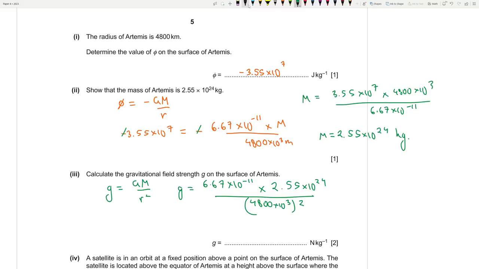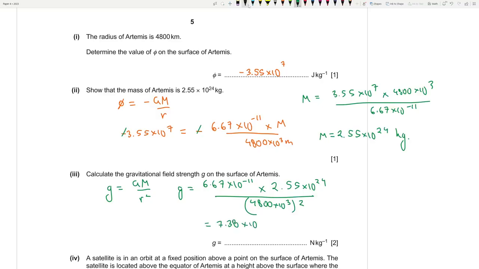Since it's a show question, I'm going to carry forward the answer, not my calculator value. I'm using 2.55 into 10 to the power 24 times 6.67 into 10 to the power minus 11, divided by 4800 times 10 to the power 3 whole squared.